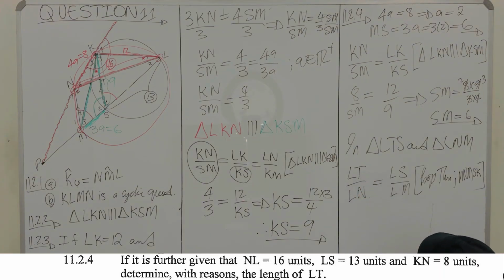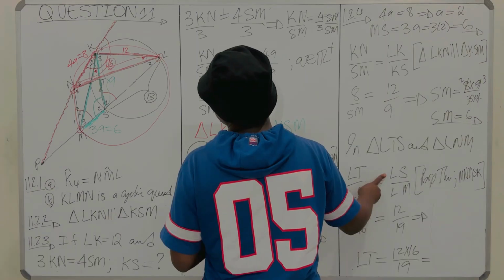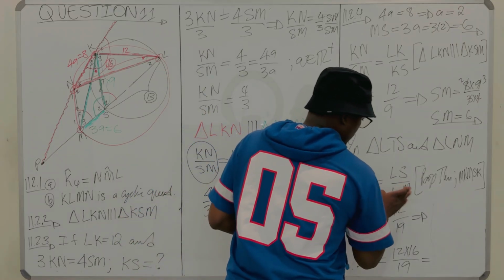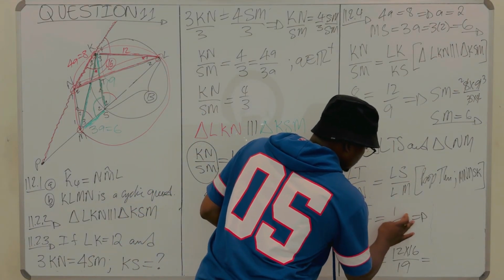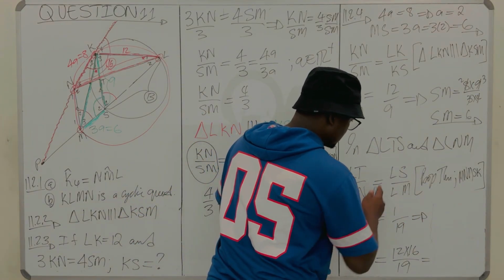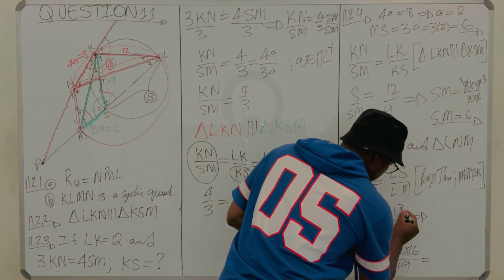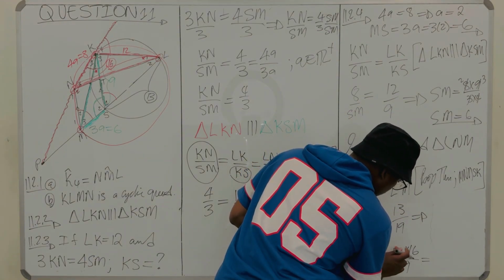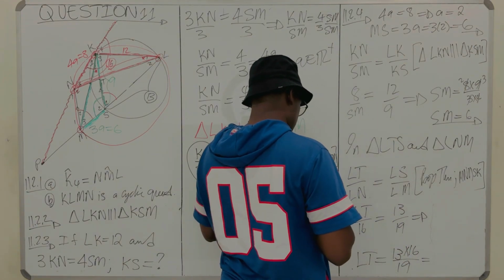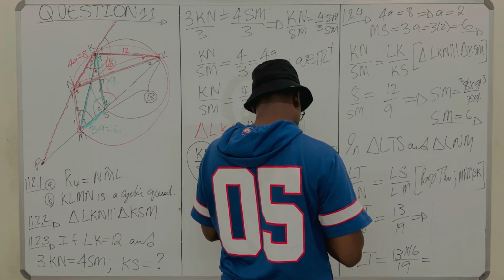So what is your LT? Your LT is what you're trying to find over LN. What is your LN? LN is 16, which is equal to LS over, what is LS? LS is 13, sorry, it's not 12, it's 13. So LS is 13 units. So 13 times 16.